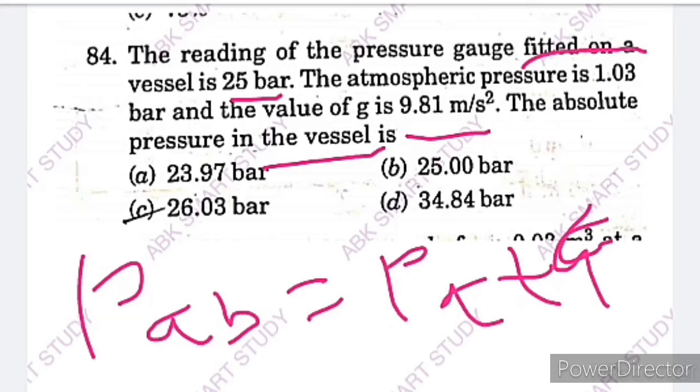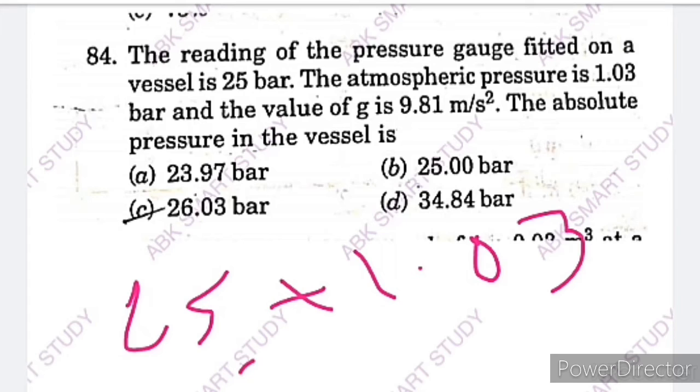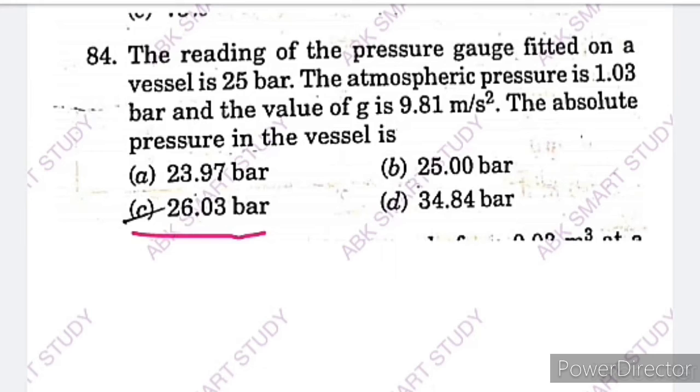Here gauge pressure is equal to 25 bar. 25 plus 1.03 is equal to 26.03 bar. So 26.03 bar is given in option C. So for the given question, the answer is option C. Here 9.81 meter per second square is not useful in that equation. So the absolute pressure of vessel is 26.03 bar. Next question.